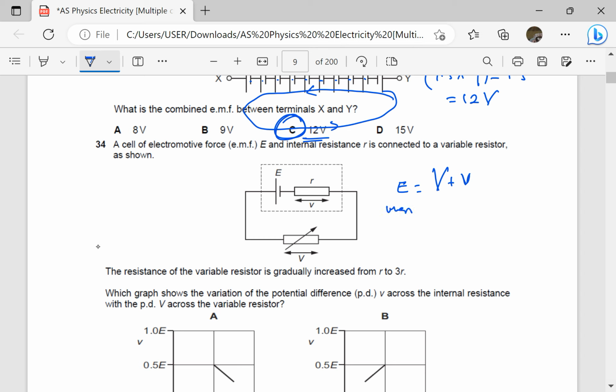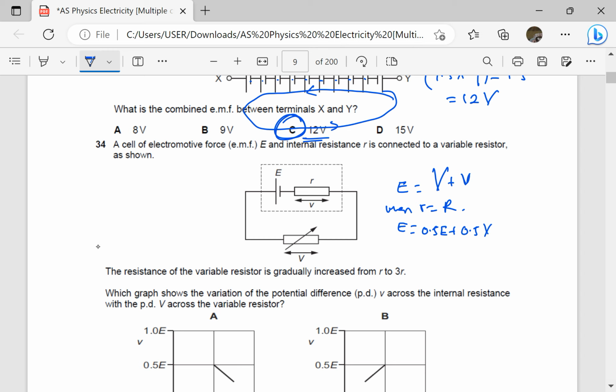When capital R is equal to small r, the e.m.f is going to be shared equally because they're in series. So E would be equal to 0.5E plus 0.5E. It is shared equally when they are equal.